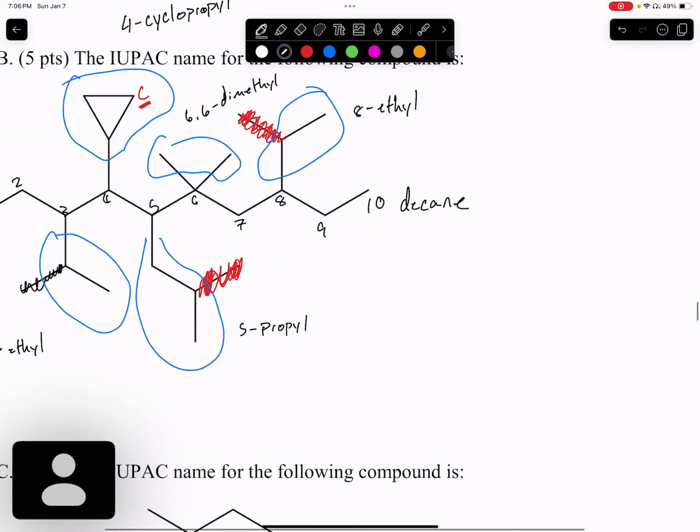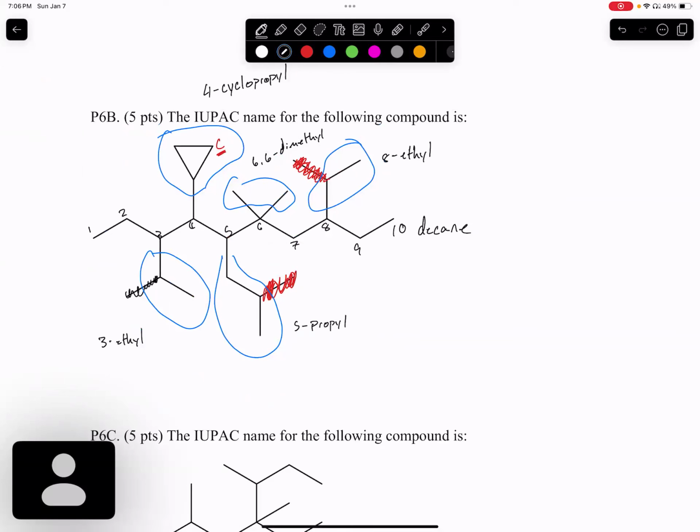Okay. So now if we're putting this together and we know that it's a decane, all we have to do is put these in alphabetical order. So what's going first? The ethyl. No, it's C. C would come first. When it comes to cyclos, C comes first. So before cyclo, propyl, now it's ethyl. So you're right. How many ethyls do you have? 2.